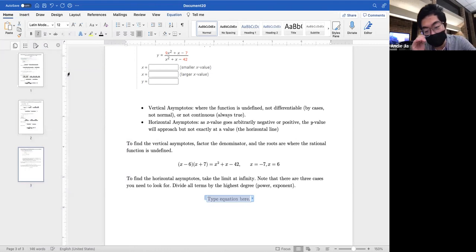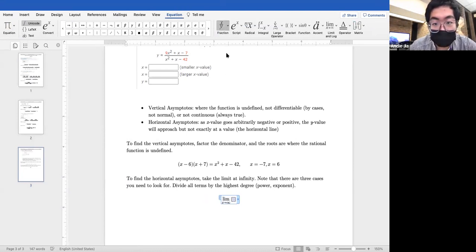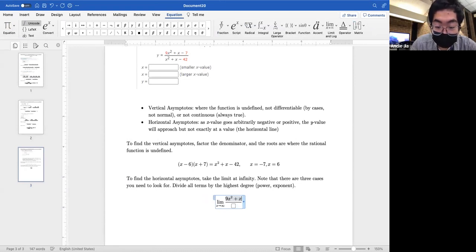So x approaches infinity of this mess. It's going to be 9x squared plus x minus 7, over x squared plus x minus 42.